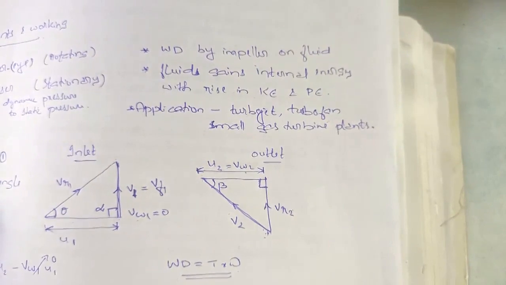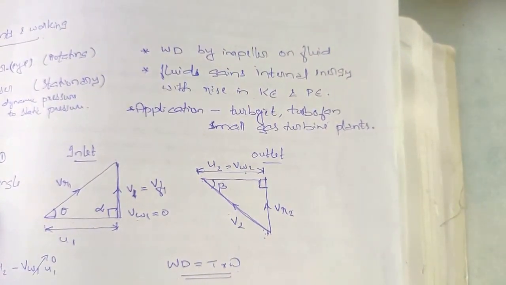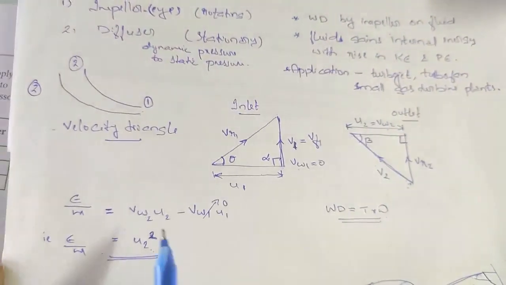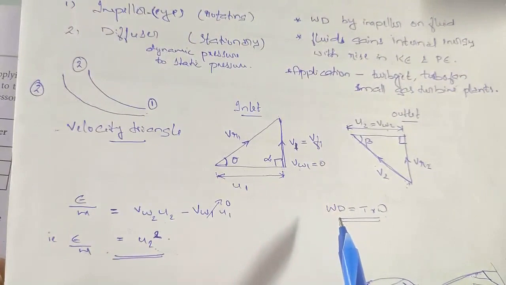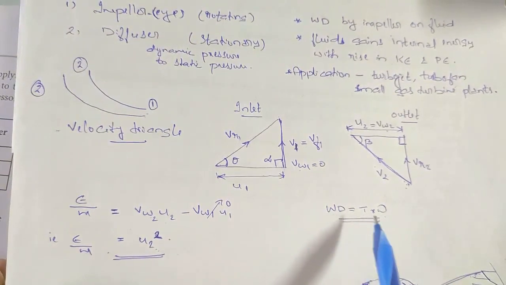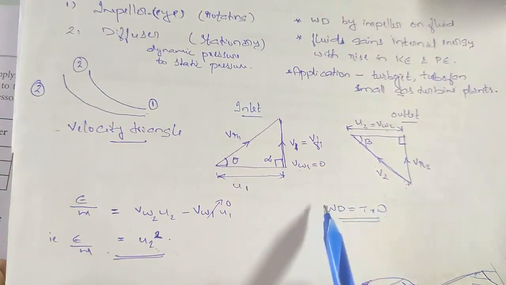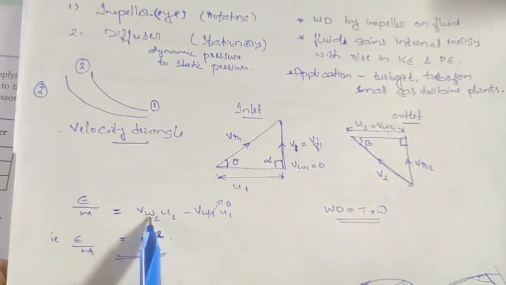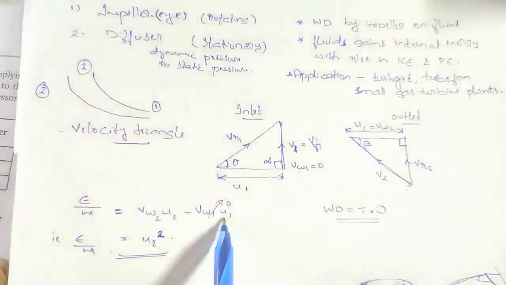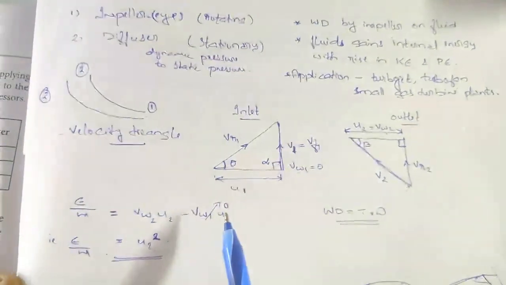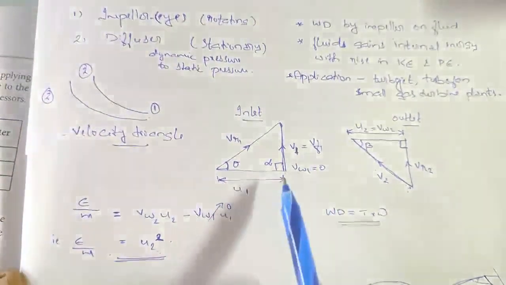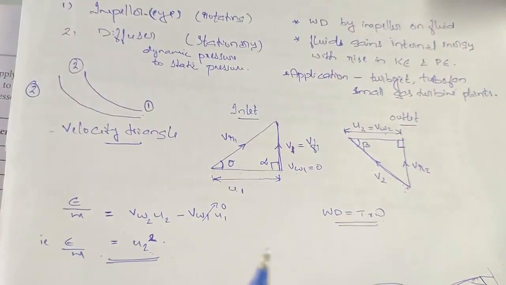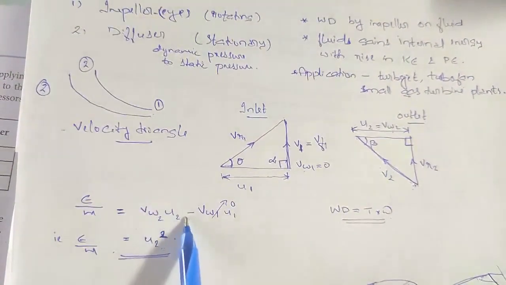If we find the energy per mass imparted by the impeller on the air, by the momentum equation, work done is equal to torque into angular velocity. Applying that equation, which is the same as in the case of a centrifugal pump, it is equal to VW2 U2 minus VW1 U1. Here we know that VW1 is 0, so this term cancels off. So the energy imparted by the impeller is equal to VW2 U2.